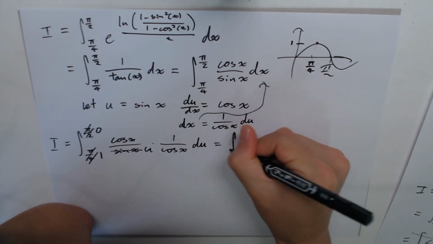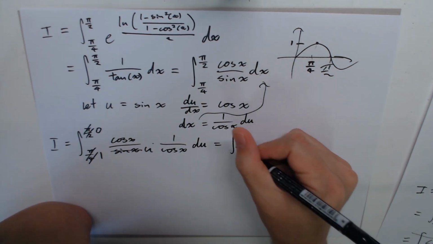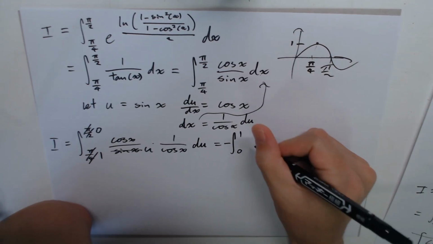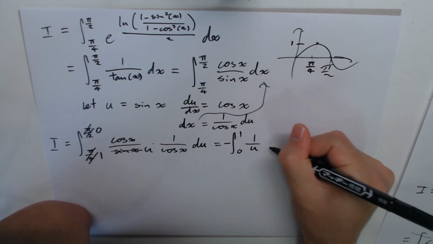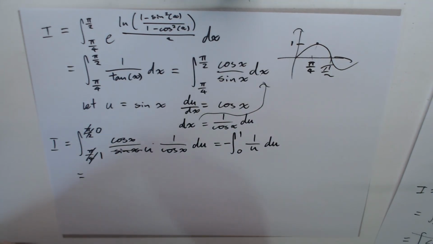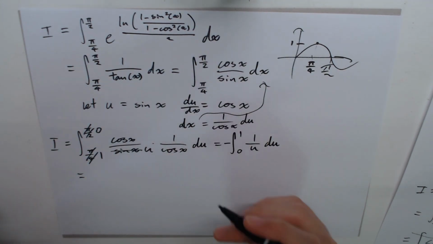So now that just looks like, I guess we could flip it around, negative integral from 1 to 0 of just 1 over u du, which is a simple integral, because that should just be the natural log, unless I'm forgetting. I think it is. Okay, we'll just go with that.